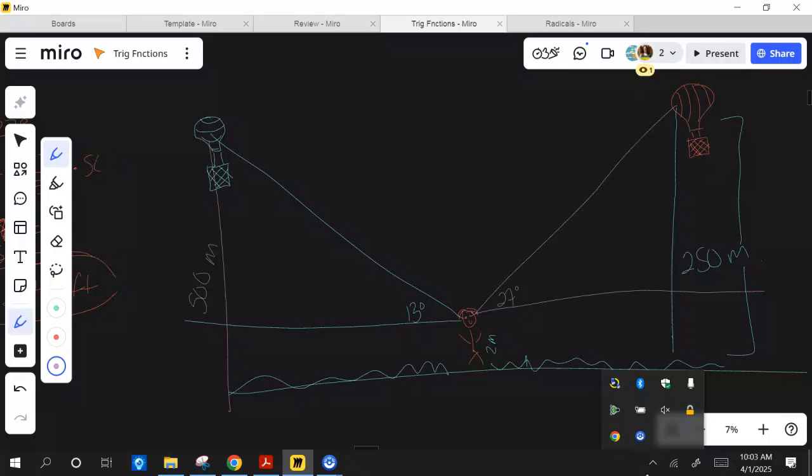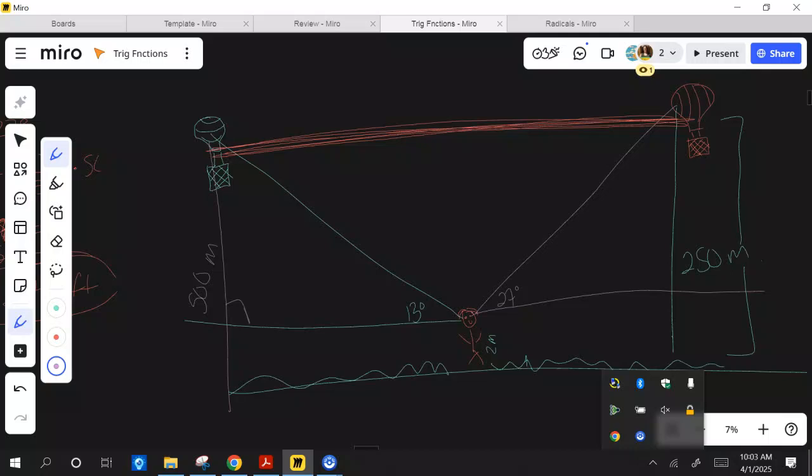We're going to assume Harris's head is 0 meters. Look at the triangles that I have.